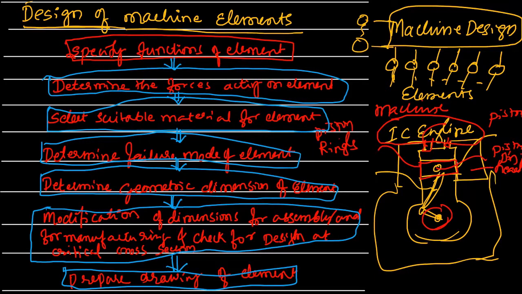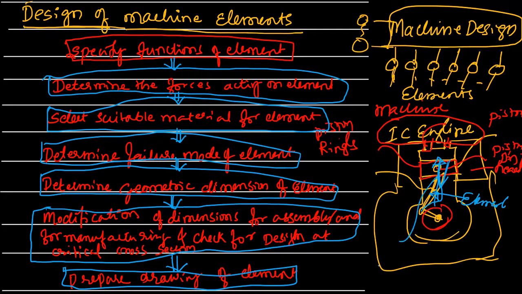Consider the connecting rod as our element, for understanding purpose. Now, the connecting rod is subjected to oscillating loads. As it oscillates, one time it is subjected to tensile load and another time to compressive load.